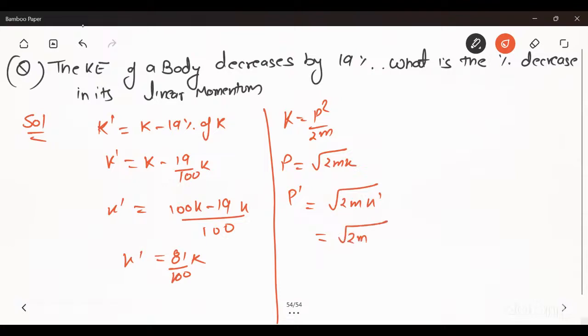So under root 2m, 81 upon 100 K. I can write it as 9 upon 10 of under root 2mK. Under root 2mK is initial momentum. So 9 upon 10 of P. So new P dash will be 9 upon 10 of P.